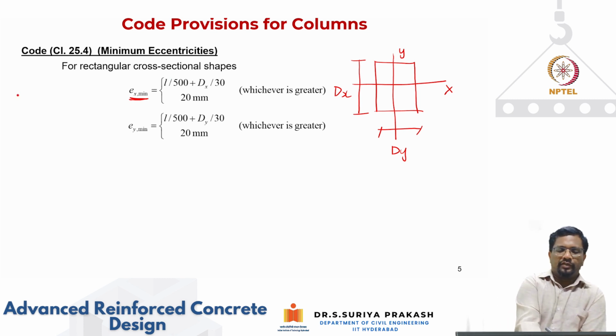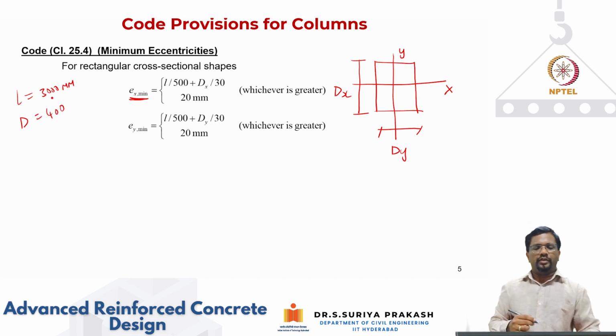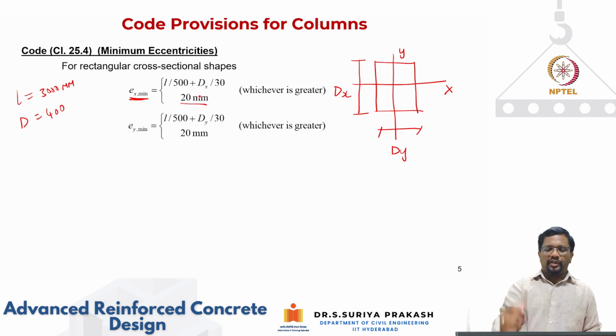So for example, let's say I take a column with L equal to 3000 millimeter, and a D of let's say 400. Then the minimum eccentricity should be 3000 by 500 plus 400 by 30, or 20 mm, whichever is greater. If this value works out to be less than 20 mm, then you should not take that as the minimum eccentricity.